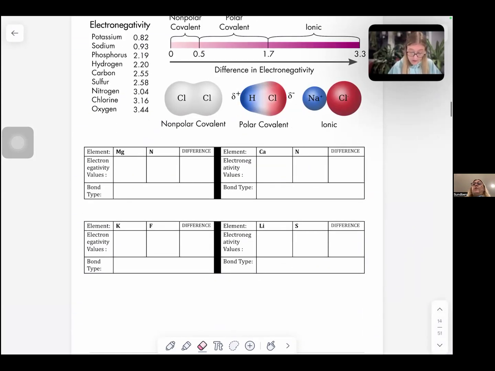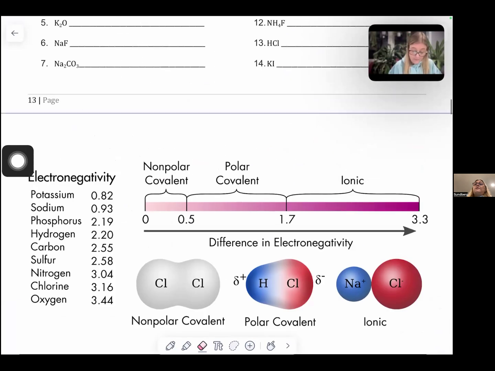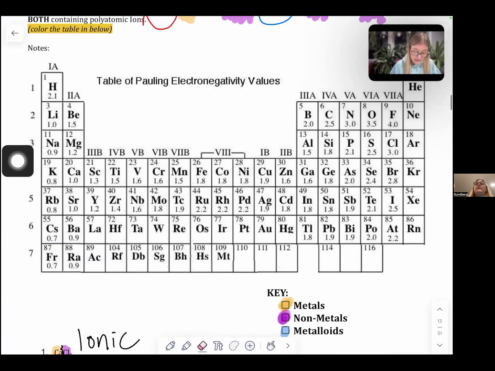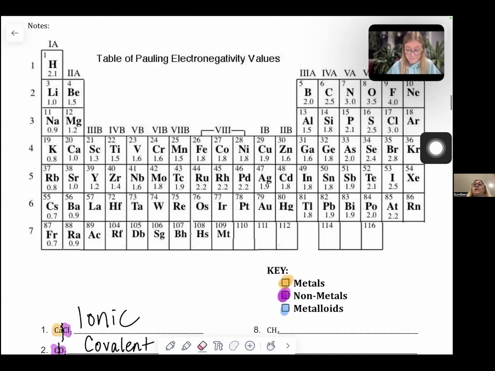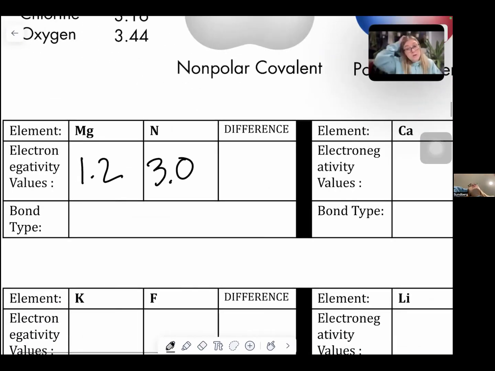So here we go. I have a compound made with magnesium and nitrogen. Okay, so I can go up here, find magnesium's electronegativity value is 1.2, and nitrogen's electronegativity value is 3.0. So let's put those in the box. 3.0 for nitrogen, 1.2 for magnesium. When you subtract these, they will always end up being a positive answer.